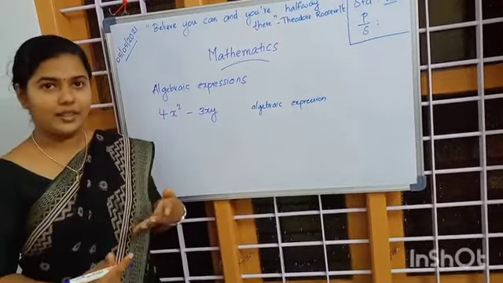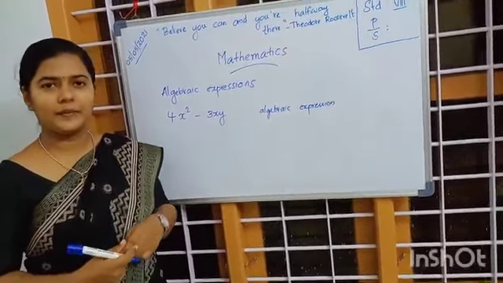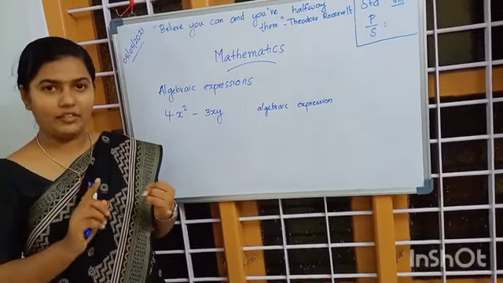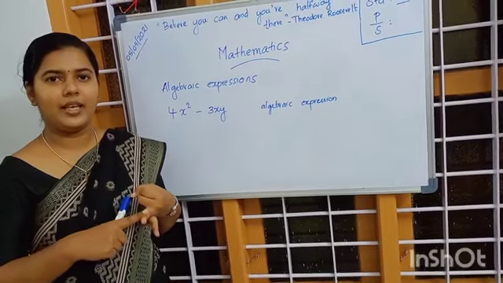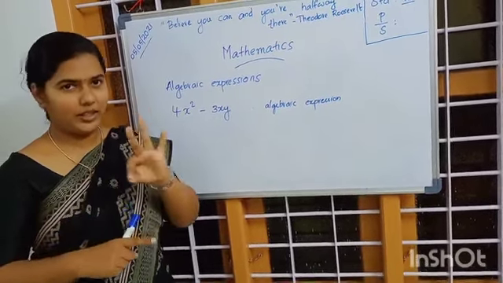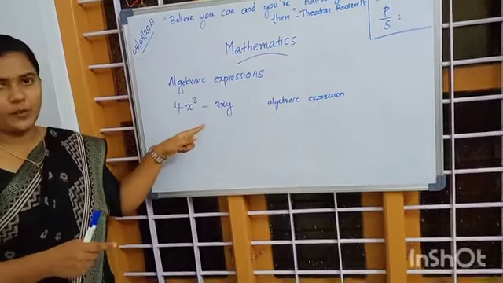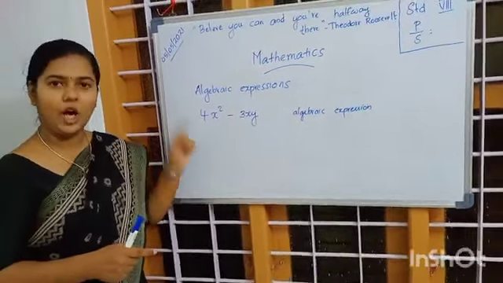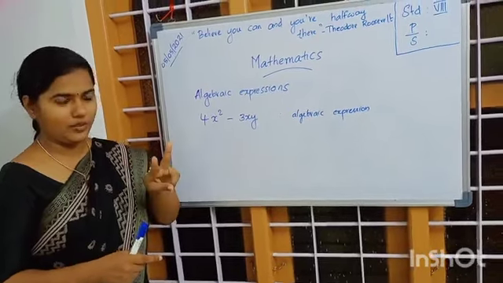What are the other terms that you have learned in relation with algebraic expression? Yes, you have learned factors, then terms, then coefficient. The three terms, right? So, by looking at this algebraic expression, can you tell me how many terms are there? Yes, there are two terms.